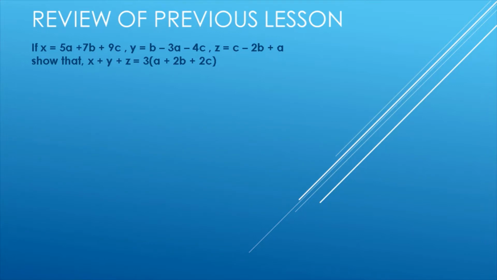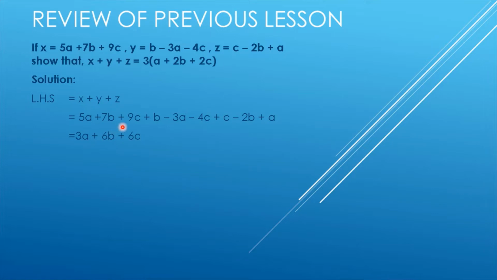Let us see the solution, my dear. So left hand side, x plus y plus z. If we put down the value of x, that is 5a plus 7b plus 9c, and y, that is b minus 3a minus 4c, and z, that is c minus 2b plus a, then with the same variable, that is 5a, 3a and a, if we make the addition and subtraction, 5a minus 3a, we will get 2a, plus a, we will get 3a.